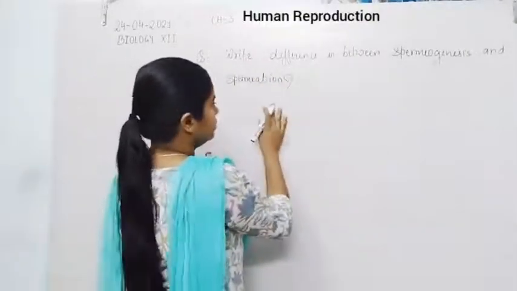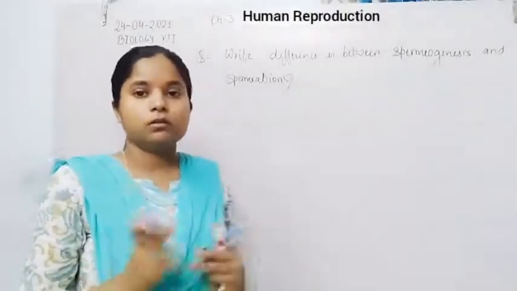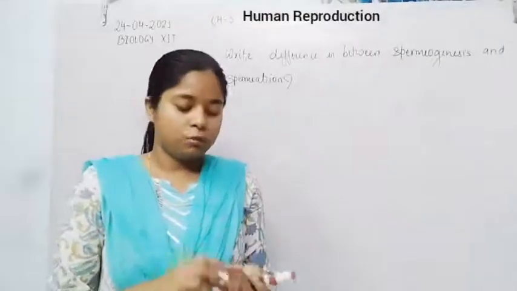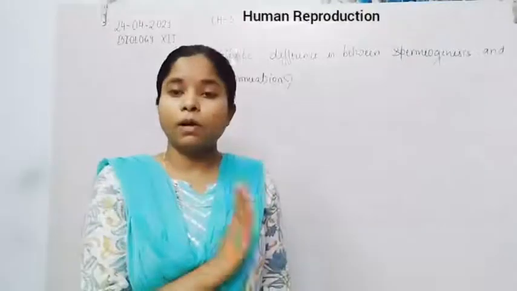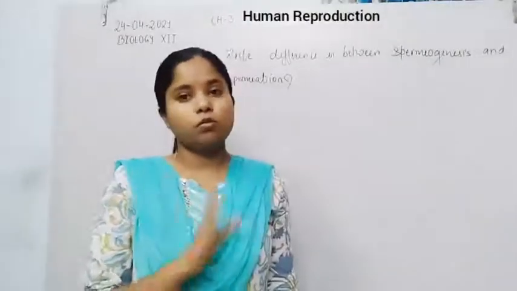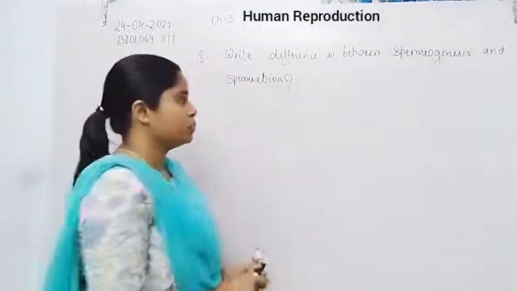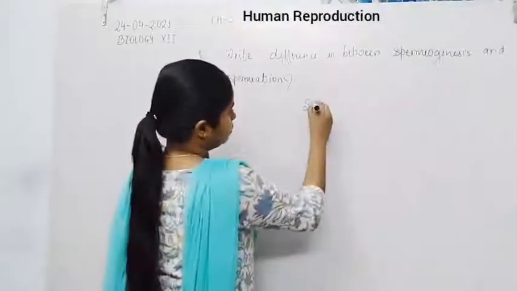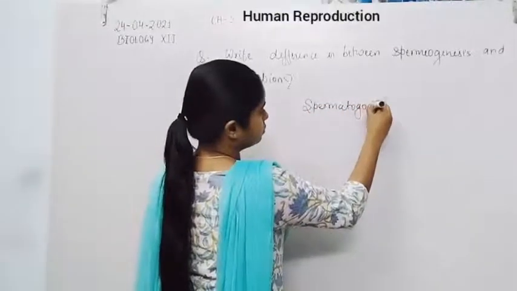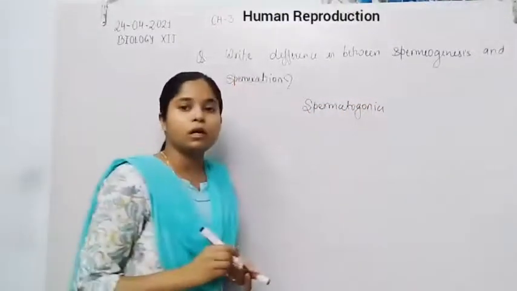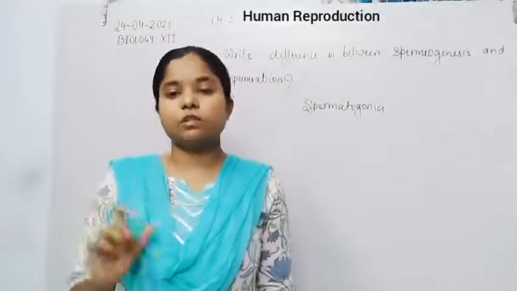Now, the formation of spermatozoa from the spermatogonia is known as spermatogenesis. The whole process is known as spermatogenesis. In the spermatogenesis process, the first germinal cell is the spermatogonia, which is a cell present in the seminiferous tubule.